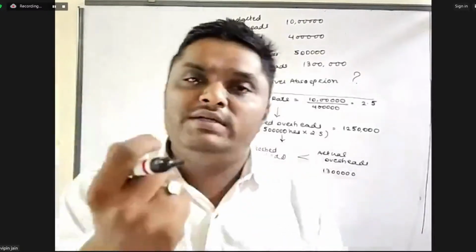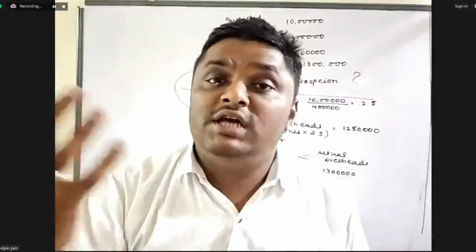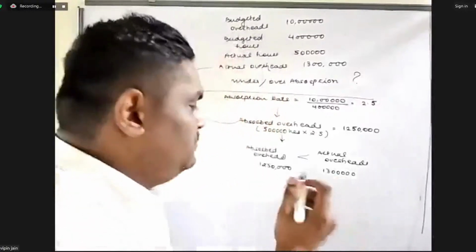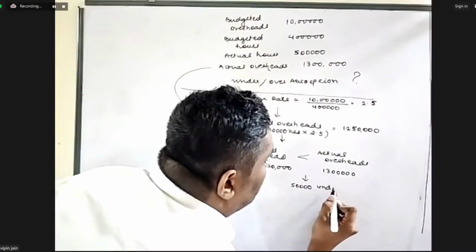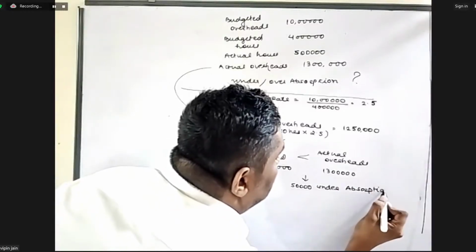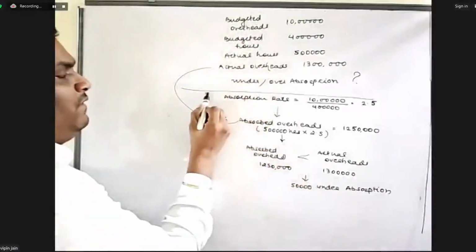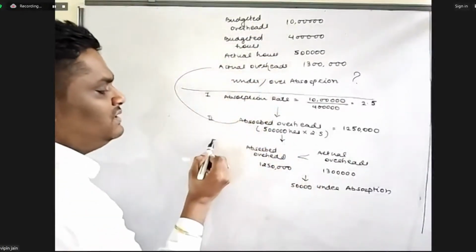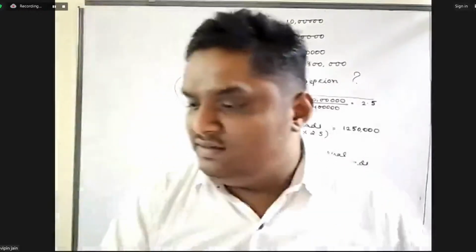If the absorbed overheads are less, then it is under absorption. If the absorbed overheads were more, we call it over absorption. So it is 50,000 under absorption. Follow these steps: first step, second step, third step, fourth step. The fourth step is your final answer.